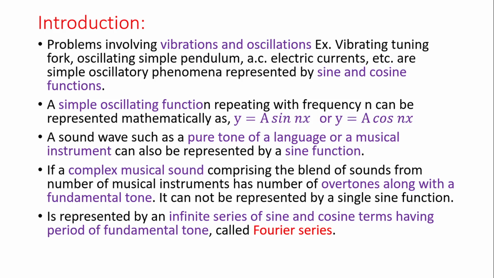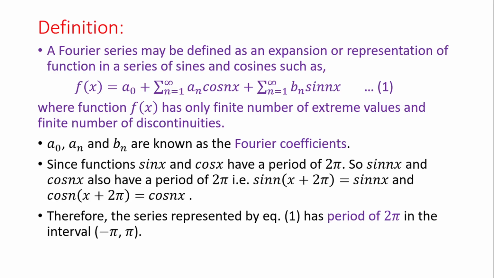Now, let us define a Fourier series. As we have introduced, a Fourier series consists of an infinite number of terms of sines and cosines. How can it be mathematically written?